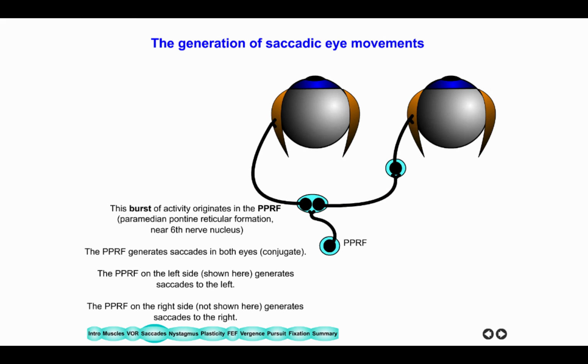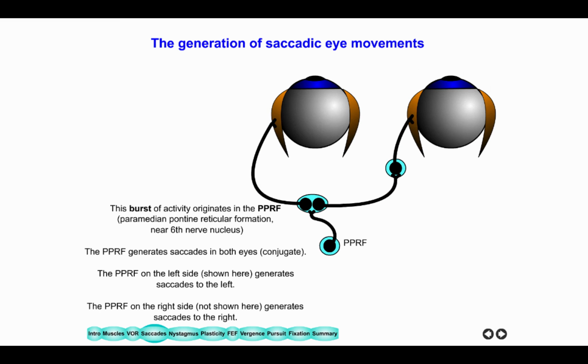You activate this thing called the PPRF, the paramedian pontine reticular formation. And again, this is near this nucleus, which is the nucleus for this nerve. And it sends out this burst to these two muscles, the lateral rectus on this side and the medial rectus on this side.